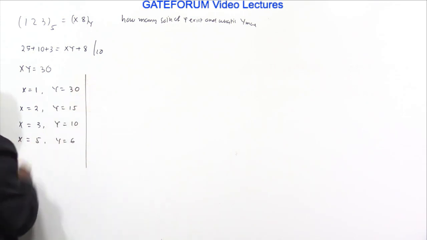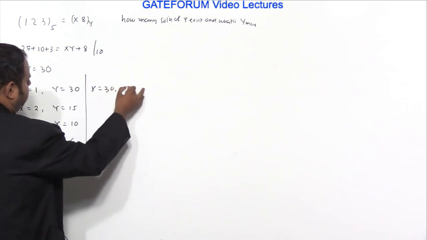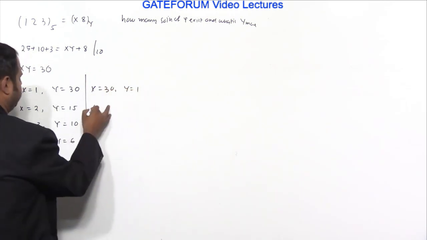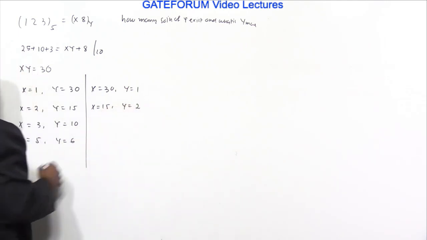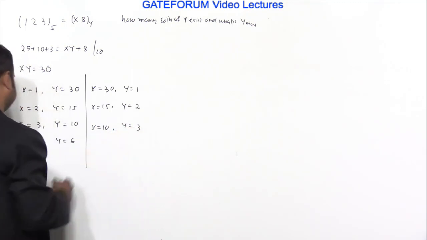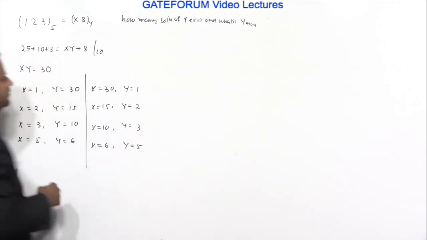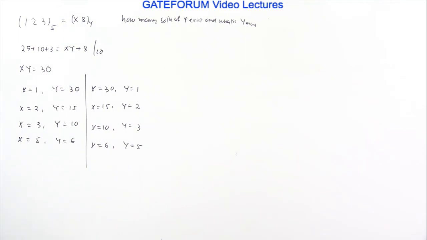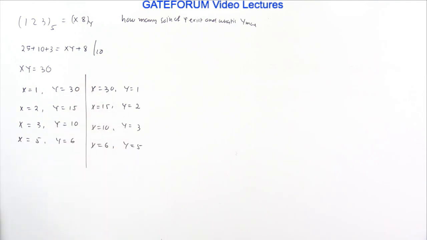Another possibility someone can think is x is 30, y is 1, x is 15, y is 2, x is 10, y is 3, x is 6, and y is 5. So in each case, 1 into 30, 2 into 15, 3 into 10, 5 into 6, 6 into 5, 10 into 3, the product happens to be 30.